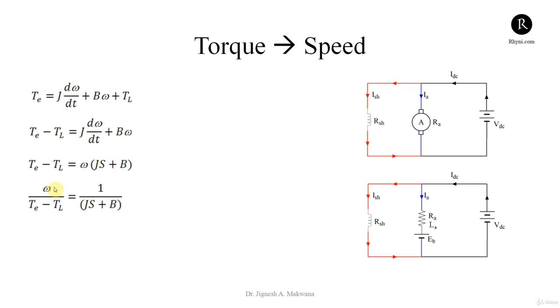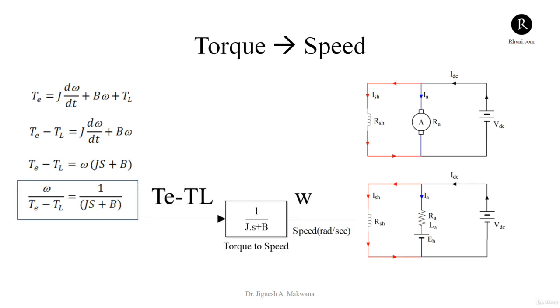Output is omega, the speed, input is torque, this is also the difference in torque, torque developed minus load torque, that is opposing, and the transfer function is 1 by Js plus B. We can represent the same in block diagram form: input torque Te minus TL, output speed omega in radians per second, and transfer function 1 by Js plus B.